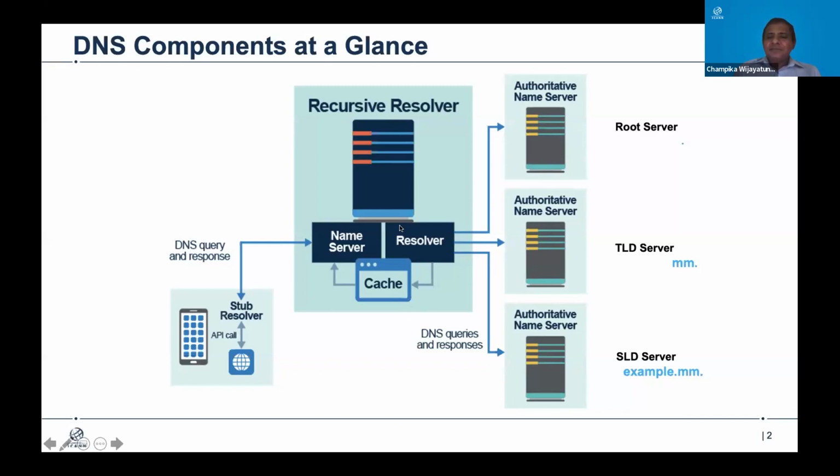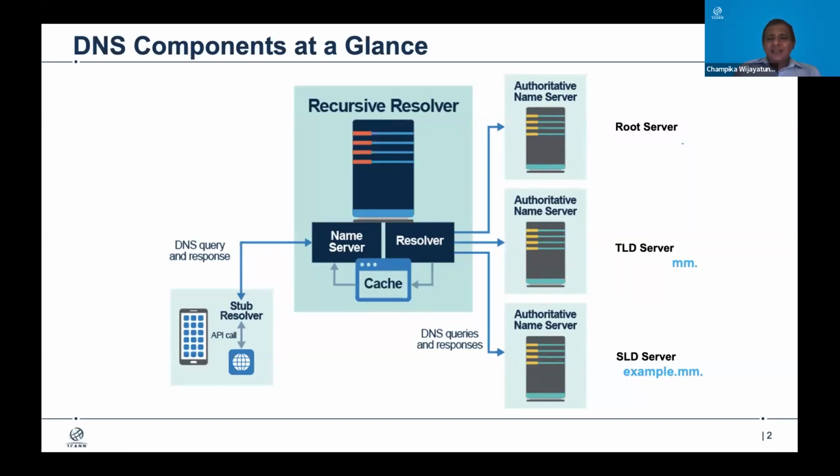Then this recursive resolver sends the query to what we call authoritative name servers. There are many types of authoritative name servers. As you may know, DNS is a hierarchical namespace, a hierarchical database.